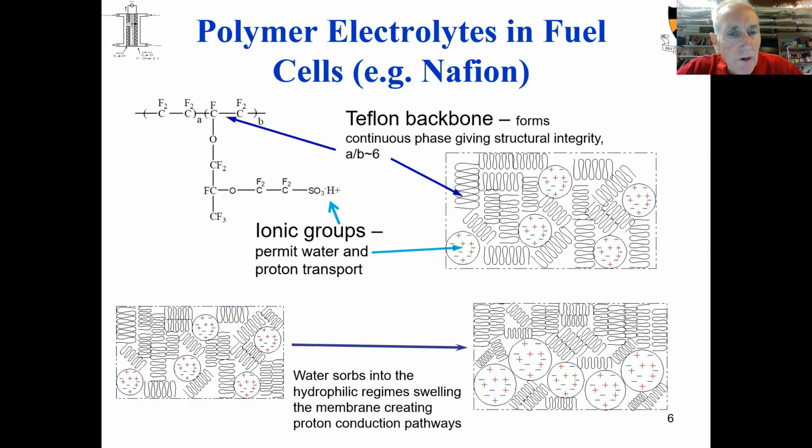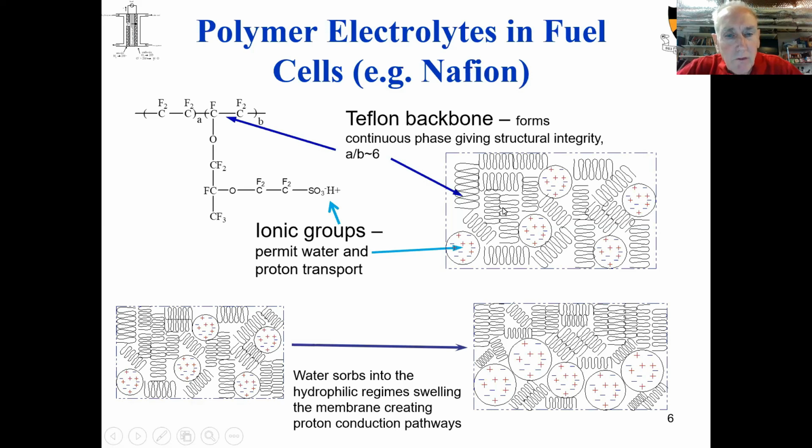There's a side chain that comes off that has a sulfonic acid group. And the sulfonic acid groups are very hydrophilic. The Teflon backbone is hydrophobic, so that the polymer tends to phase segregate into hydrophilic and hydrophobic domains.